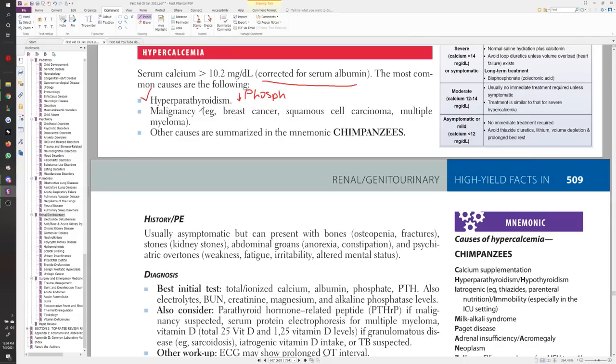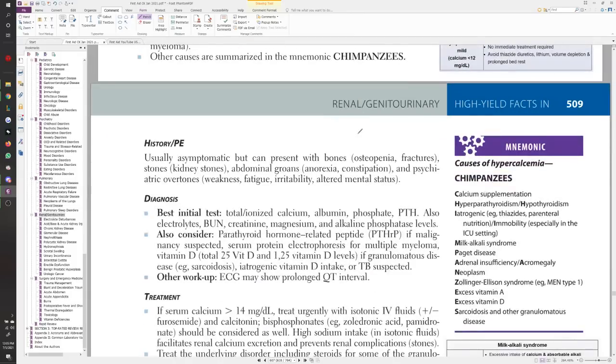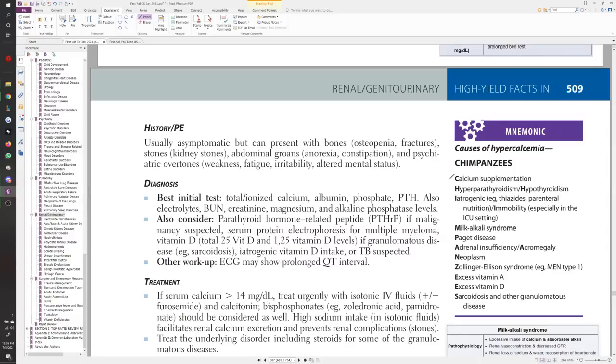Could be malignancy: breast cancer, squamous cell carcinoma, multiple myeloma. A lot of cancers just naturally cause an elevation in serum calcium. Other causes are summarized in the mnemonic CHIMPANZEES that you're never really going to remember, but you should know most of these things in here. So of course, someone who's eating a lot of calcium is going to have hypercalcemia, hyperparathyroidism, hyperthyroidism, iatrogenic things, milk alkali syndrome.